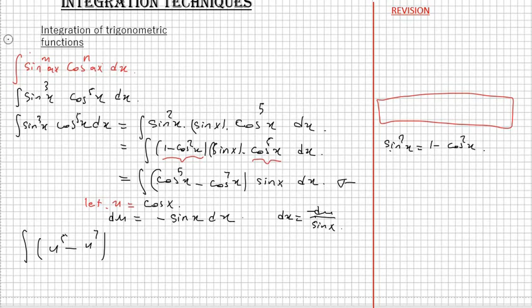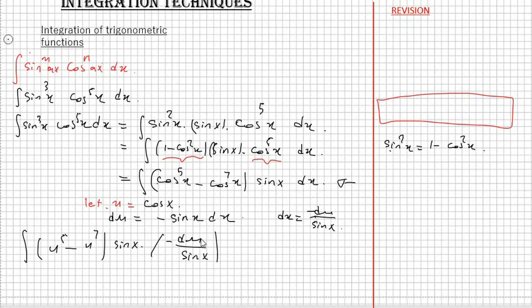There was no expression for sine x in terms of u, so I'm going to keep it as it is for now, and then I have dx, which is given by negative du over sine x.